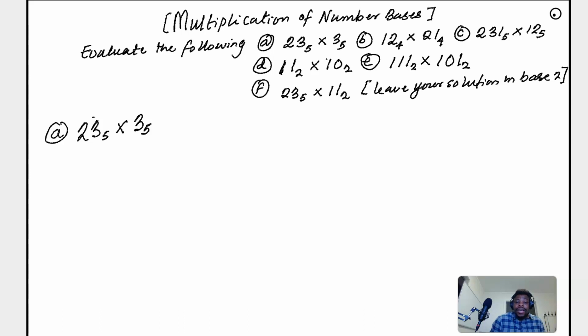Now, whenever you are multiplying bases, you can see they are both in base 5. For multiplication of number bases, we have two methods. The first method is direct multiplication.